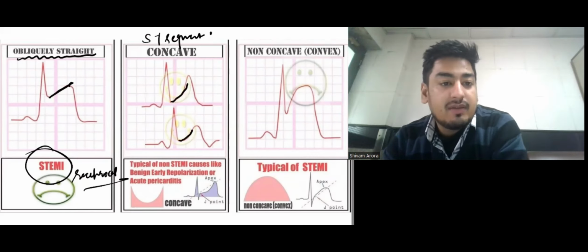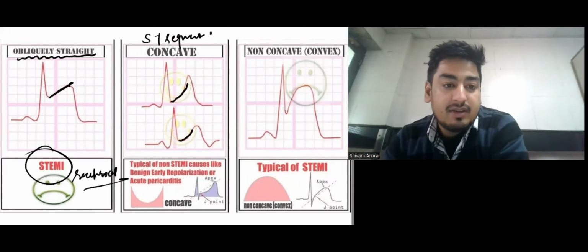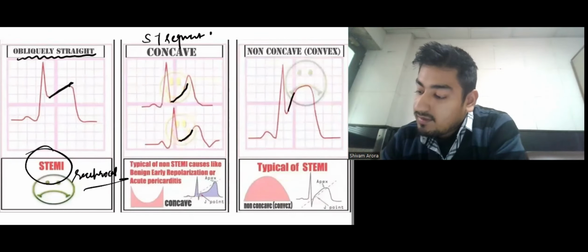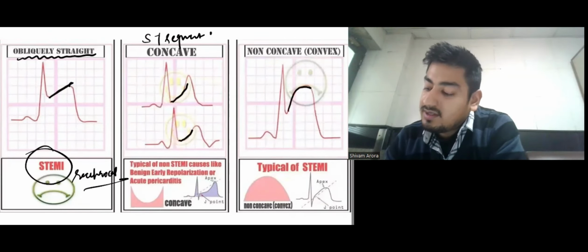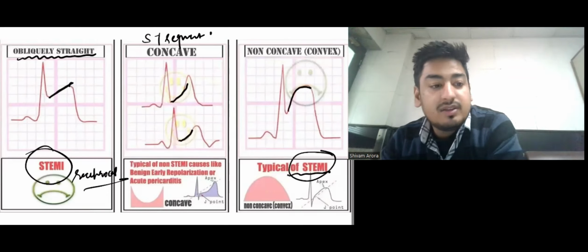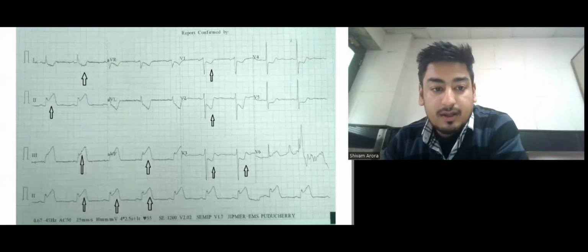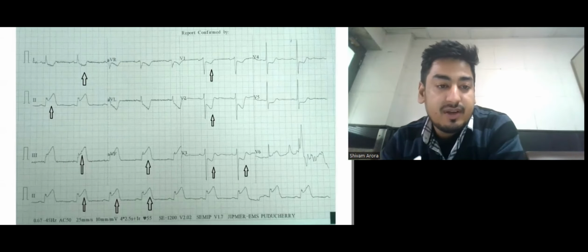These concave ST elevations can be seen in pericarditis or early repolarization syndromes. Okay. These types of convex ST elevations are again seen in STEMI. These are more typical of STEMI. And in STEMI, we can also see these reciprocal depressions, while in pericarditis, we have this PR depression.